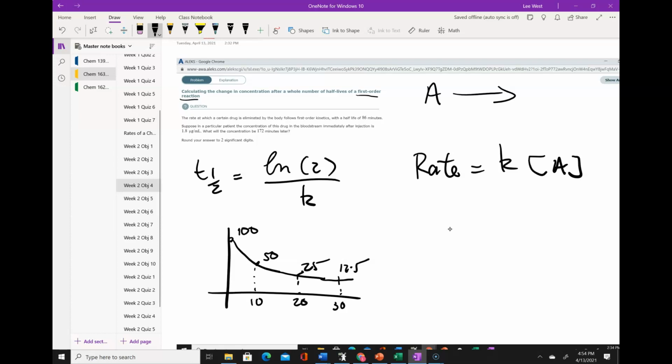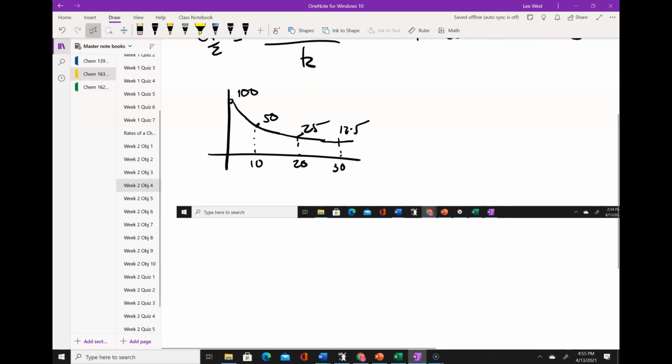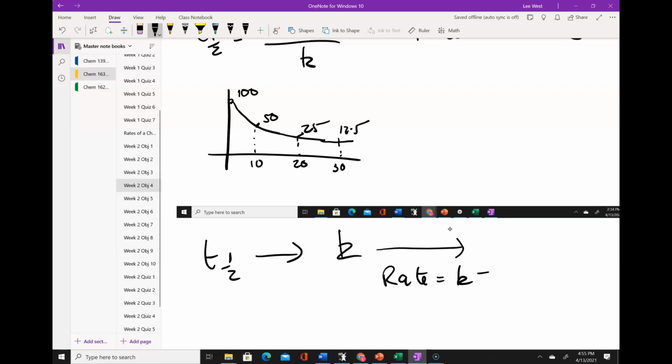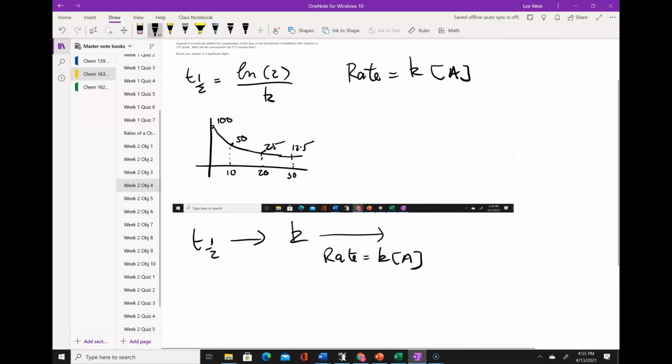There's only one reactant. So this is going to be my strategy. I'm going to take my half-life, turn it into k, and then once I've got k, you guessed it, I can use my rate law to get whatever I want.